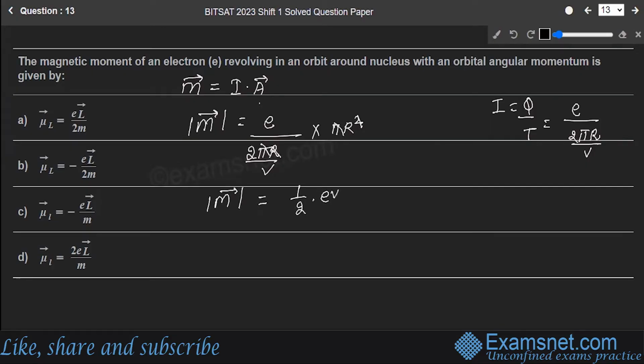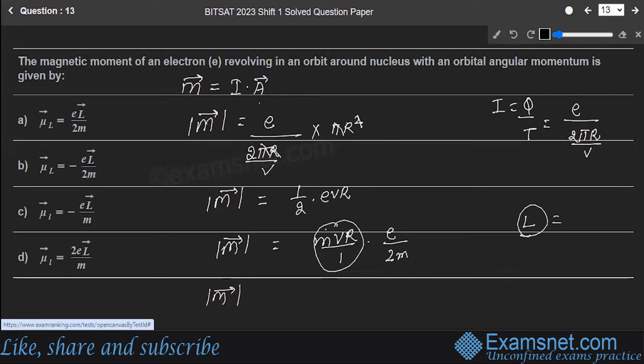half of evr, or the magnitude of this is equal to mvr upon 1 into e upon 2m. I'm multiplying the numerator and the denominator by m. So this magnitude, now what is this? This is your orbital angular momentum. L is equal to mvr.